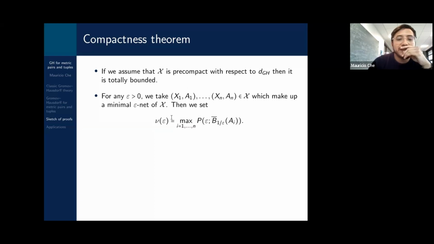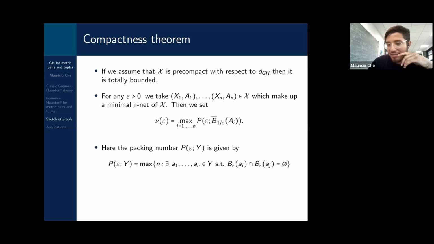And then we define some number, but first let me mention what these numbers are. P of epsilon Y, where Y is some metric space or subset of a metric space, is basically the maximum number of disjoint epsilon balls that we can pack inside the set Y. That is why we use the notation P, because it stands for packing number.